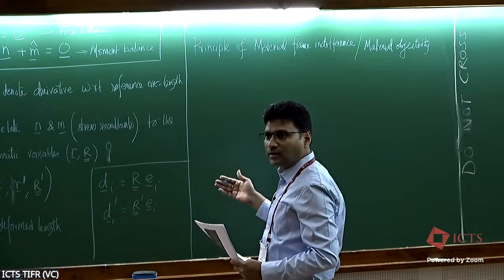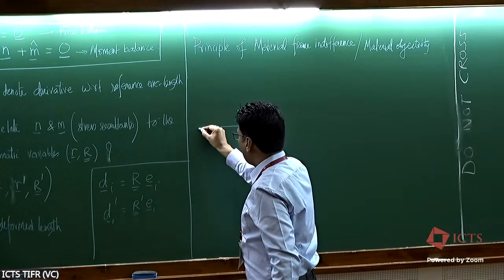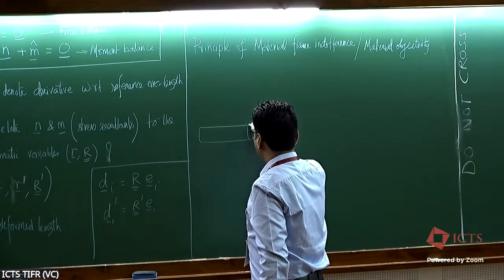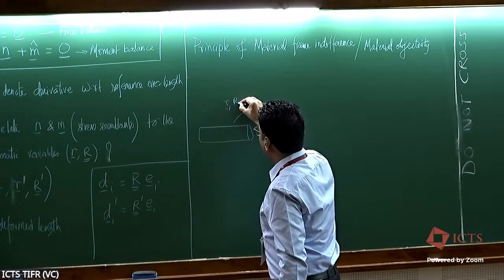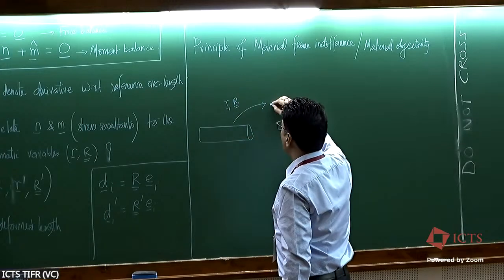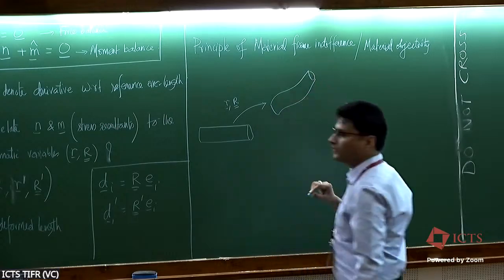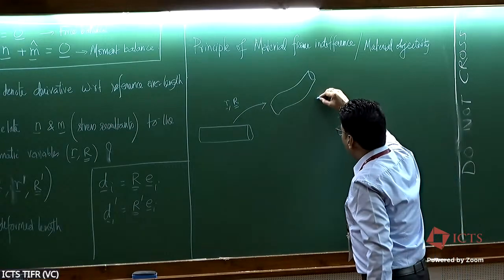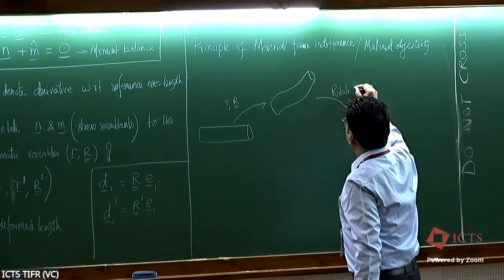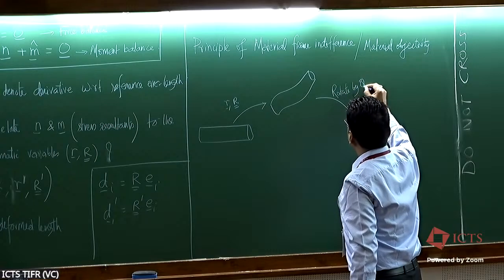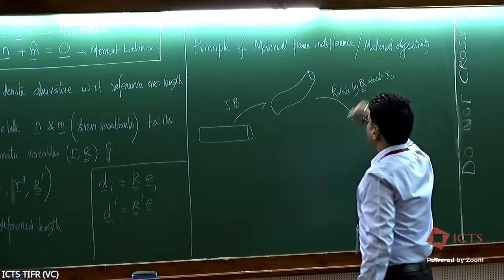So how to exploit that, that is what we are going to do now. So we have this rod again in the reference state, which has gotten mapped to the deformed state through small r and big R. Let us further rigidly rotate it by Q about some point x naught.